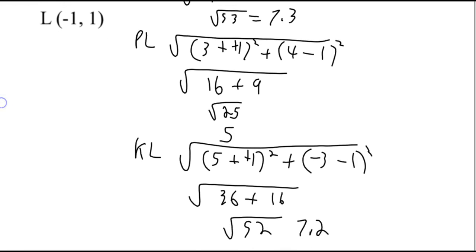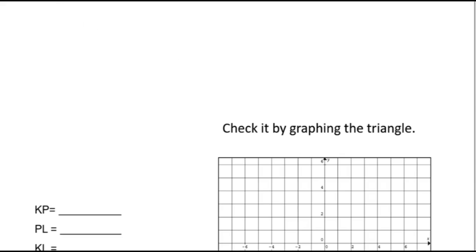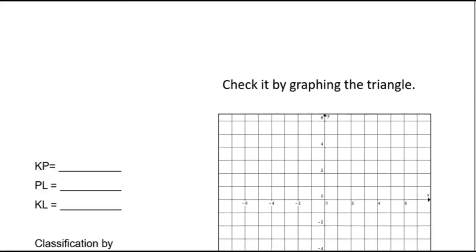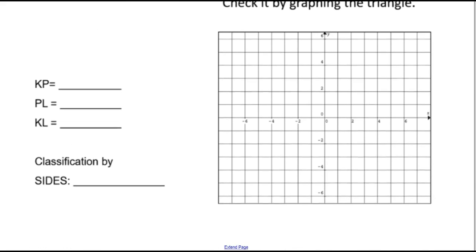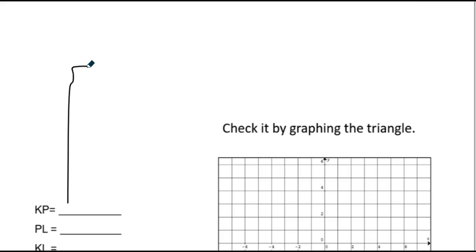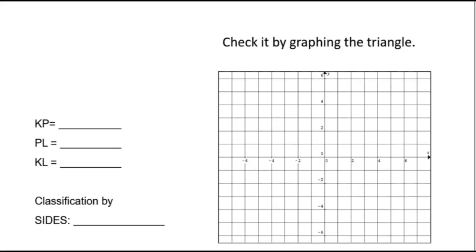All right? So I'm going to come over here now and put my points. So remember, we had square root of 53, which was 7.3. We had just simply 5.